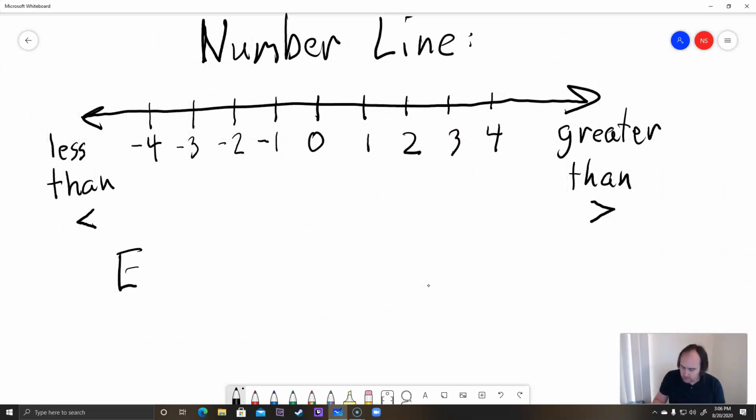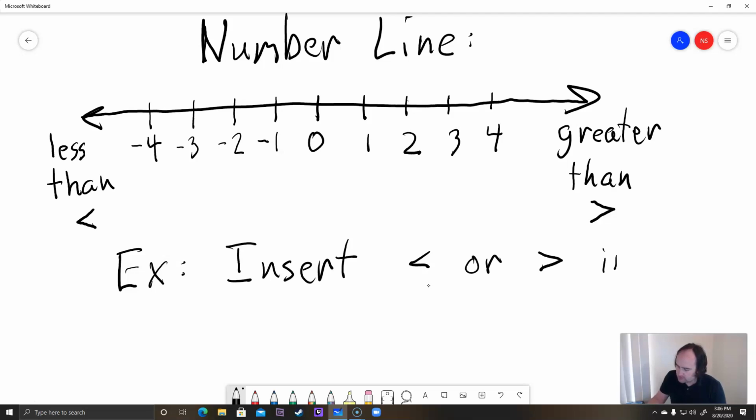Example: insert less than or greater than in between the pair of integers. Okay? Insert less than or greater than in between the pair of integers.